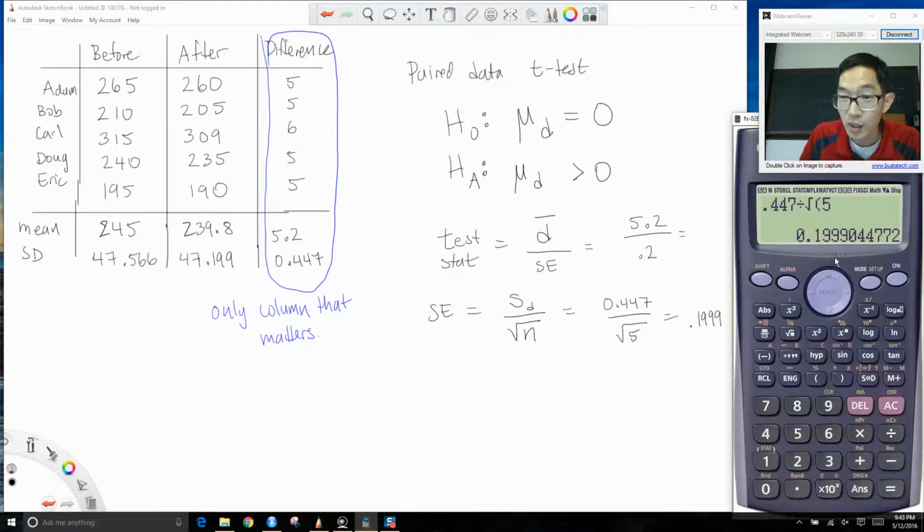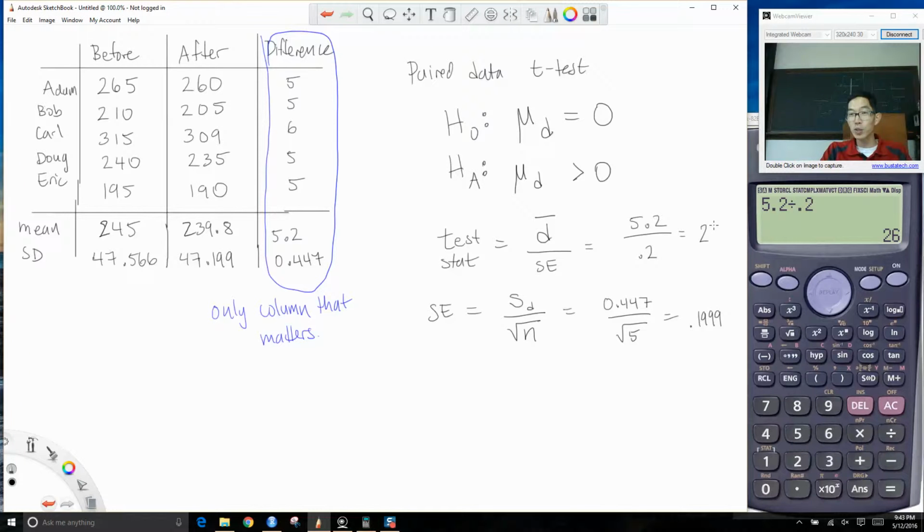Okay, and so my test statistic, 5.2 divided by 0.2, ends up being 26. Now I'm 26 standard deviations away from the mean, which is very far. Almost ridiculously far, okay?